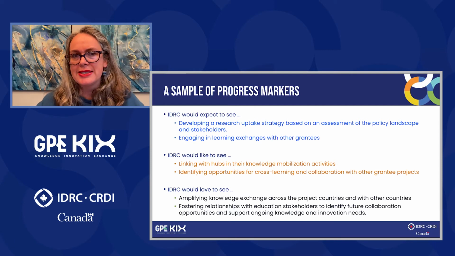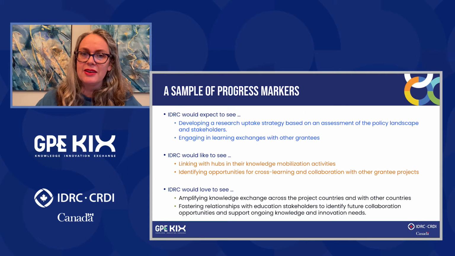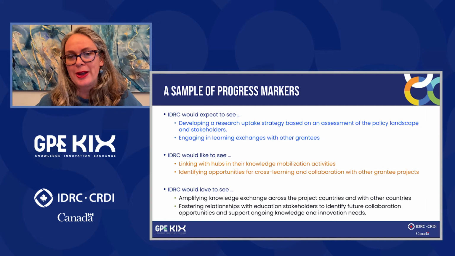And as Simon said, specifically in this like to see section, which is really where the work is being done and where the changes are happening and the innovation is happening with the way that you engage in research and your research users. So take a look at that list, and as you progress with your project, keep an eye out for changes that aren't represented here, but that still make up part of your change pathway.